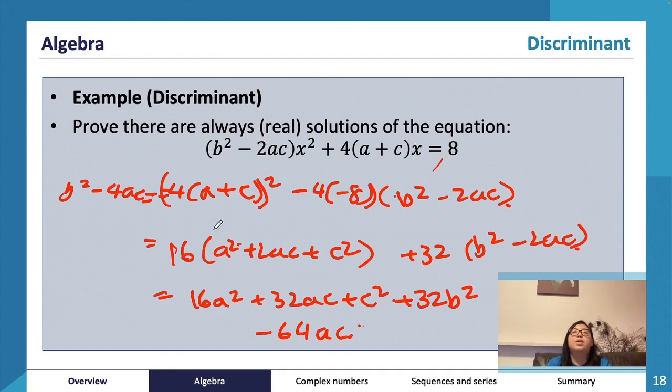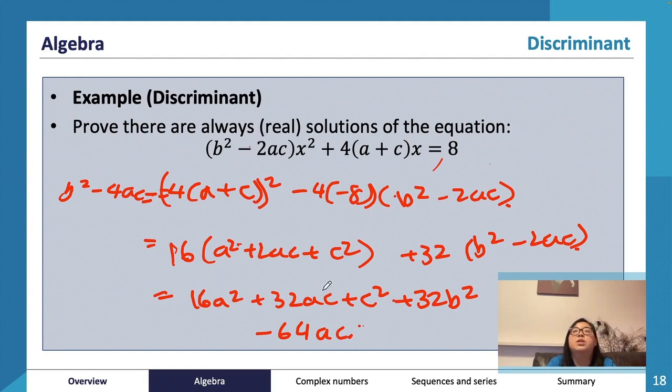Okay, so we get 4ac, so we'll get 16a squared plus 2ac plus c squared, and then we'll have minus 4ac, so minus 4, negative 8, 2ac. Okay, cool.